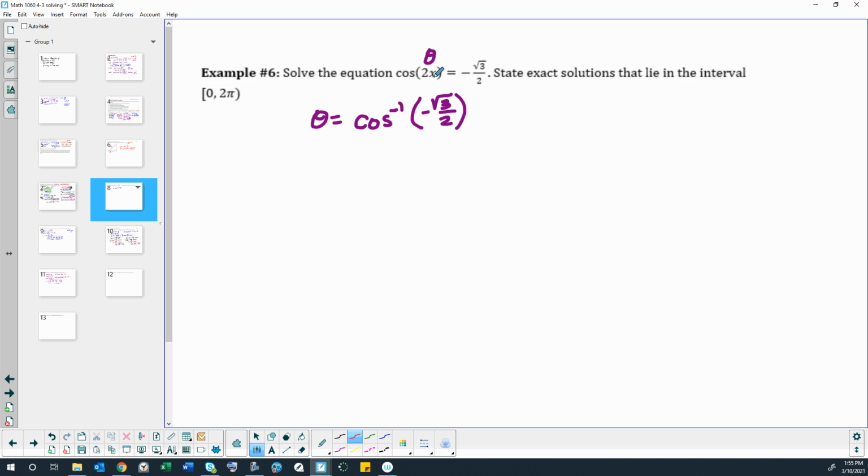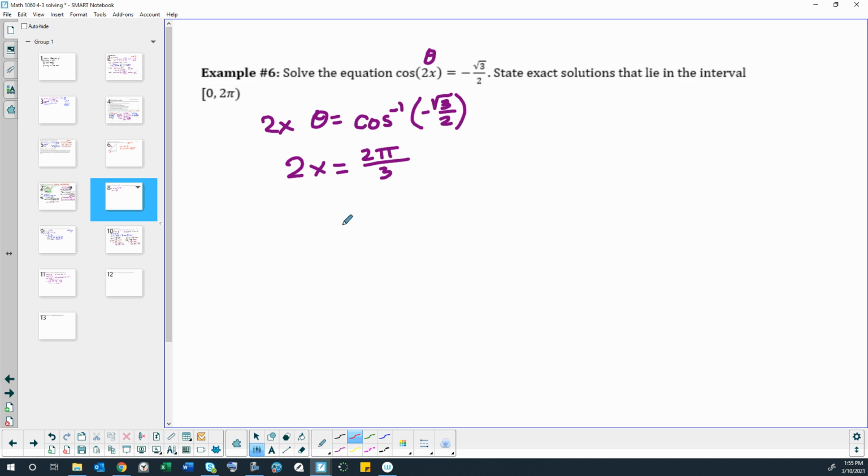But because this isn't just a single angle theta, it's actually 2x that's equal to this. So in other words, 2x is going to be equal to 2 pi thirds, I believe. Because this would be a pi... No, that's a pi sixth reference angle.